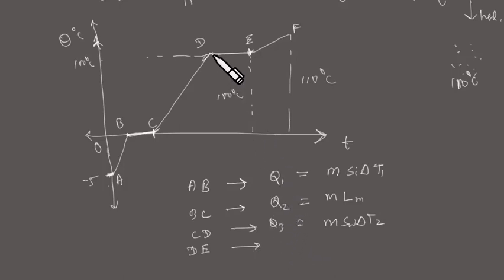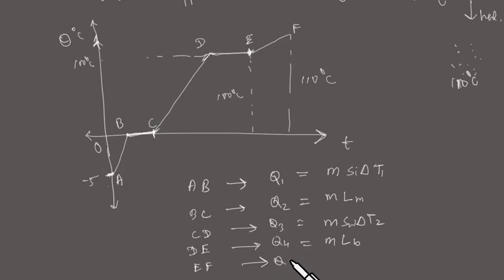What changes is the state of the body, and the whole water becomes gas, vapor. That means here we will apply the formula for the latent heat, which is mL, the latent heat for boiling, mLb. And then E to F, the temperature increases, the state remains the same, which is the gaseous state.